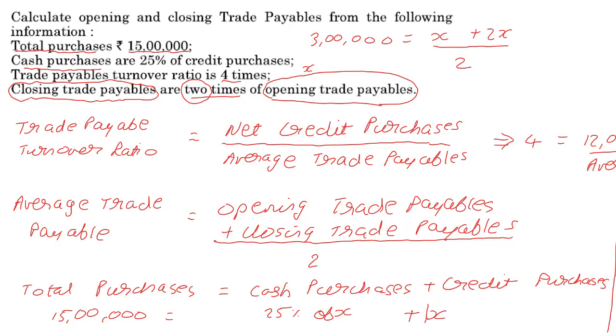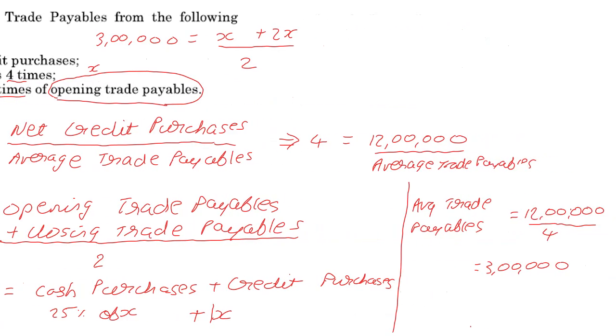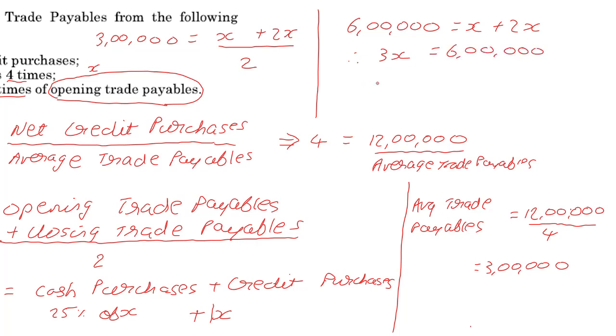The 2 over here is division, on that side it becomes multiplication. So we are saying 6 lakhs is equal to x plus 2x. Therefore, 3x is equal to 6 lakhs. Therefore, x is equal to 2 lakhs.